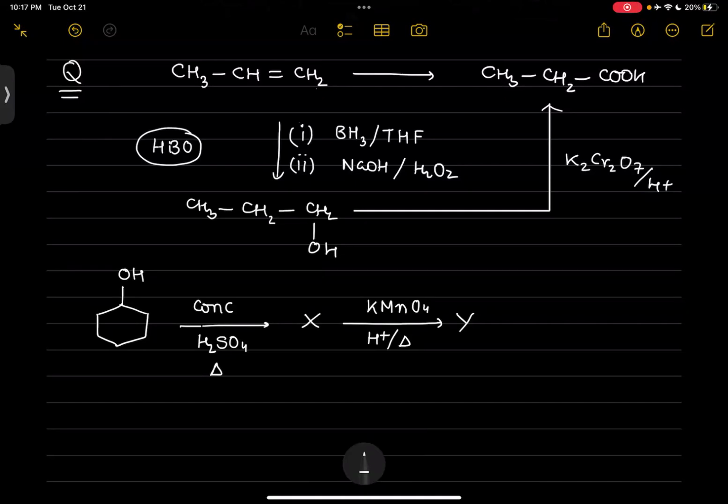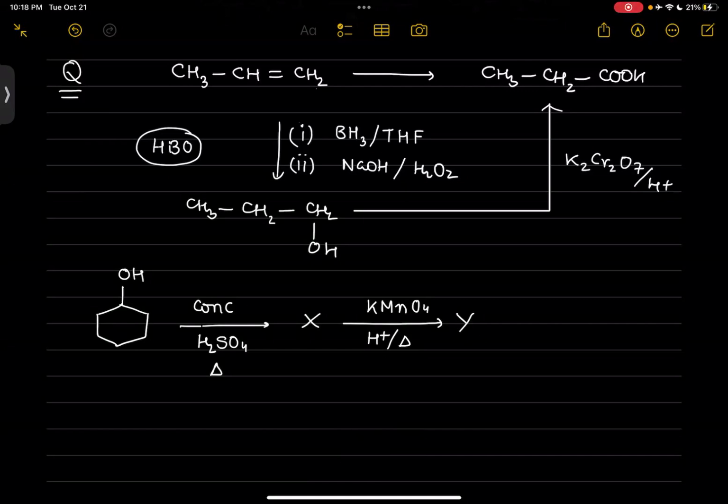What is X? All of you know it. What happens to alcohols when they are heated with concentrated H2SO4? Concentrated H2SO4 doesn't have much water in it, so it has a tendency to absorb more water. Is that clear? So what is X?